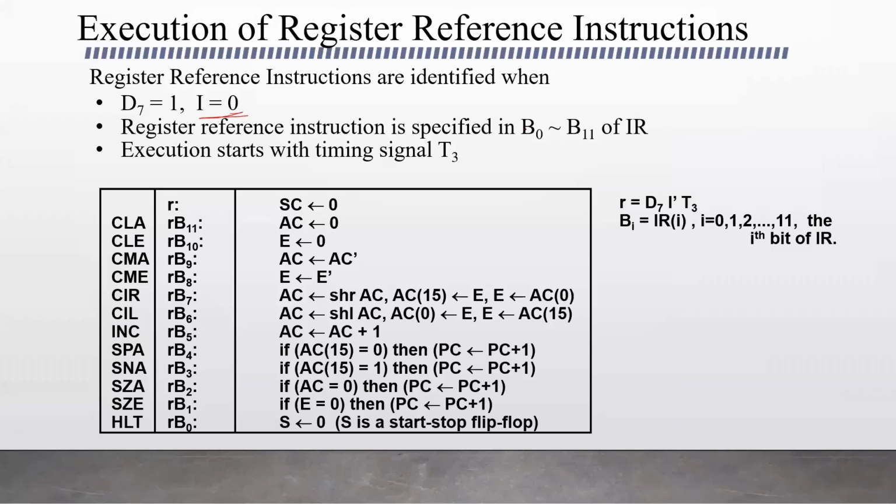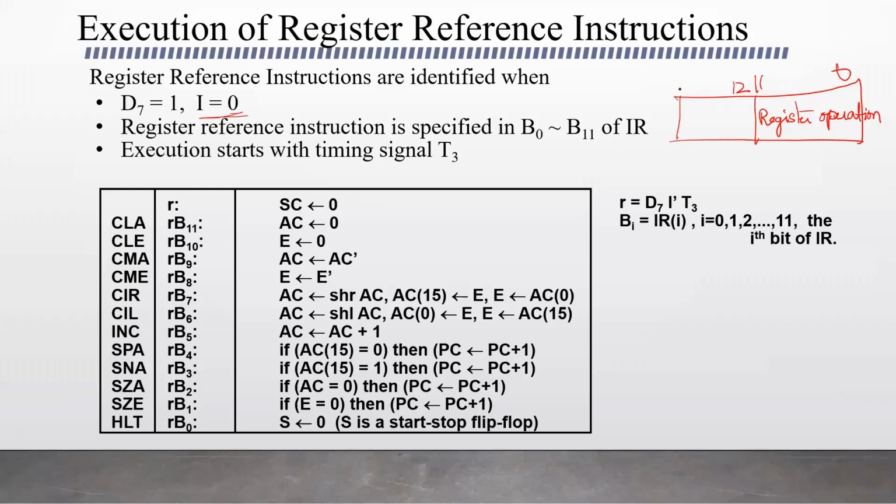And it is specified in B0 to B11 of IR, right? If you see the format of IR for a register reference instruction, bits 0 to 11 are not the address, they are the register operation to be performed.